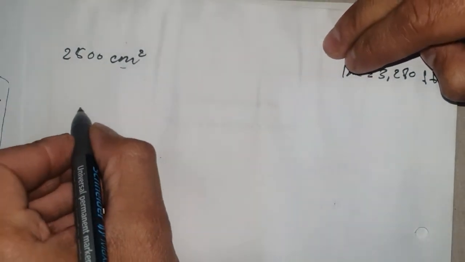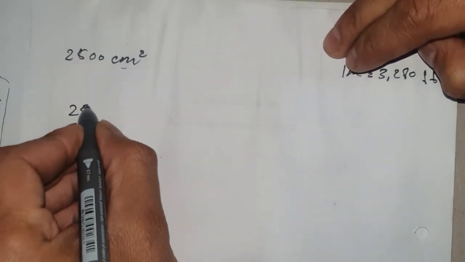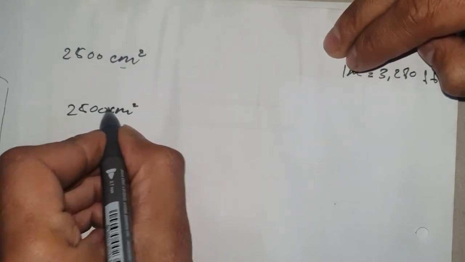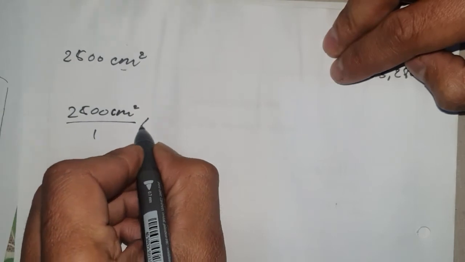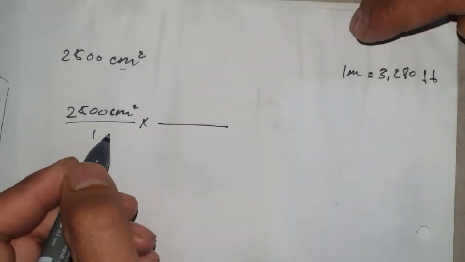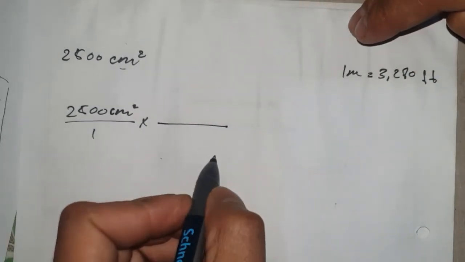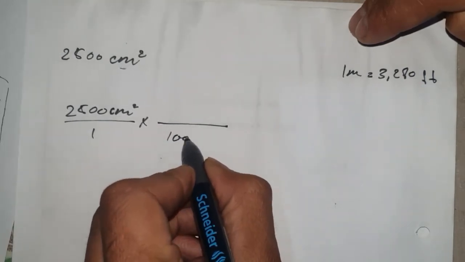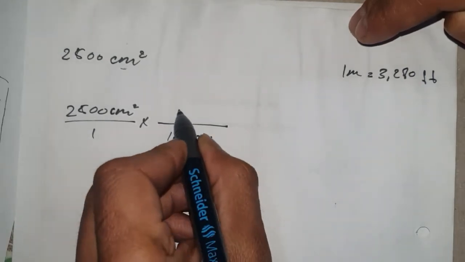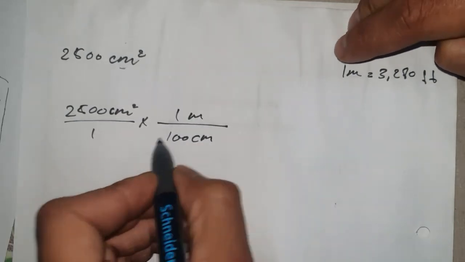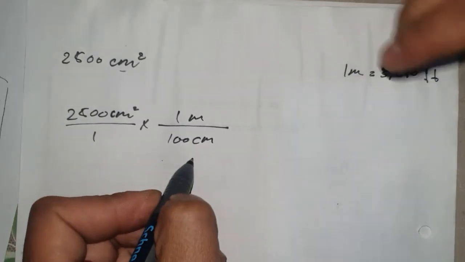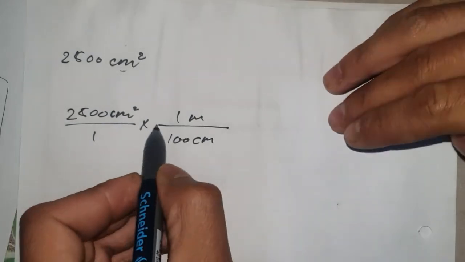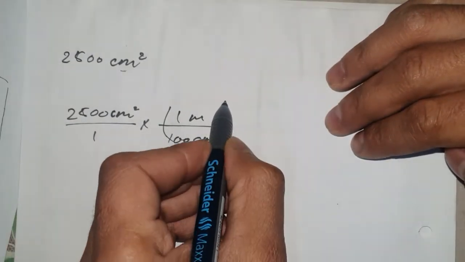So first we write the 2,500 square centimeters. We multiply that with 1 meter per 100 centimeters. Here we have centimeter squared, so we have to raise that to the power of 2.